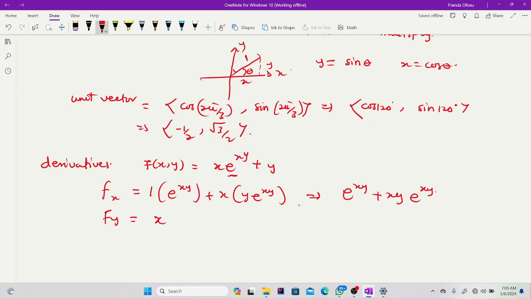So I'll have this x multiplying the whole expression, x e to the power xy. Then the y is plus 1. This will give me x squared e to the power xy plus 1. Then you write your derivatives as a vector. Let me write this well.